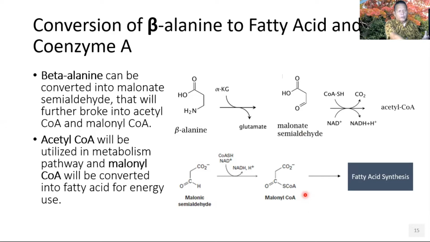So now let's conclude once again that beta-alanine can be converted into malonate semialdehyde that will be further broken into acetyl-CoA and malonyl-CoA. Acetyl-CoA will be utilized in metabolic pathways, and malonyl-CoA will be converted into fatty acid for energy use.